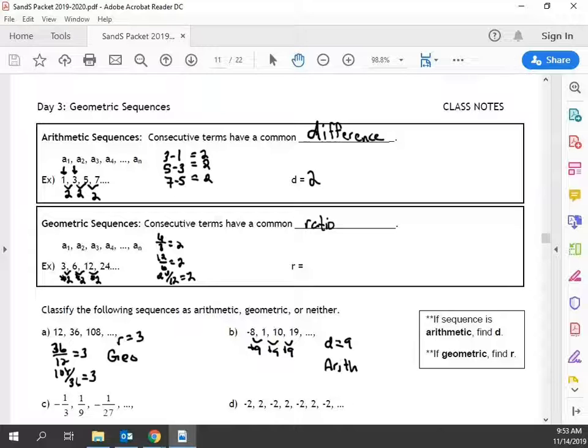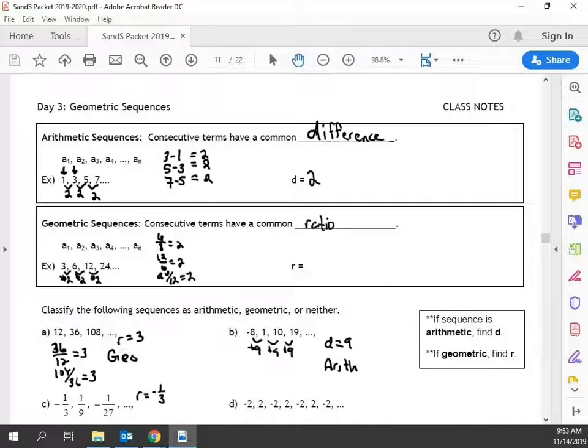They alternate. So your common ratio is not only 1/3, but it's also negative 1/3. Because negative times negative is a positive, positive times a negative is a negative, times a negative is a positive, and so on. Every time I multiply by a negative, I'm just alternating signs. So that's what's going on there.